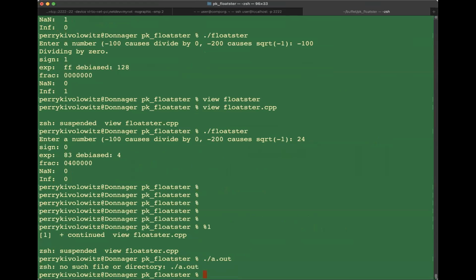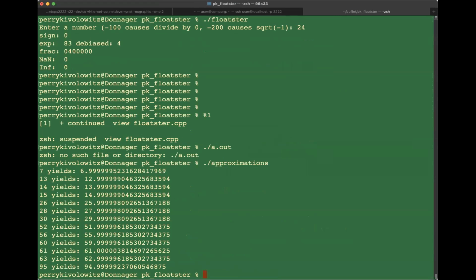So 7's not 7. 13's not 13. 16's 16. We already saw that.